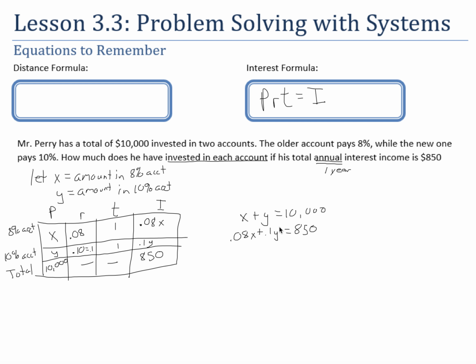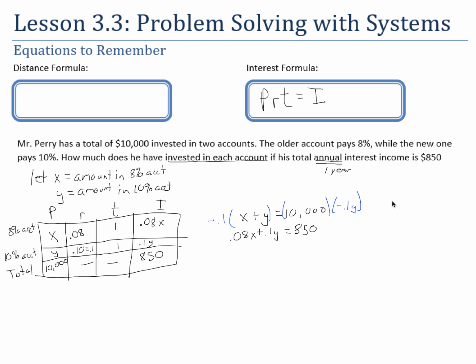I'm going to eliminate y here. In order to eliminate, I want these to have the same number, or they can be opposite, so I'm going to multiply the top by negative 0.1. I'm doing that so I get opposites here for y.